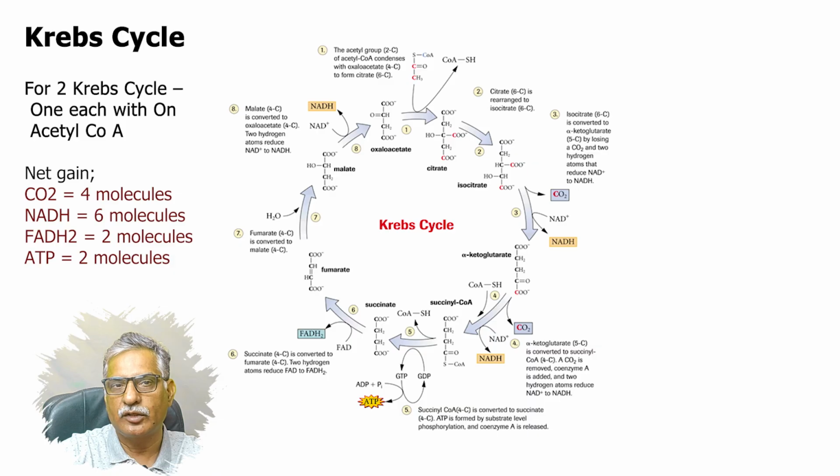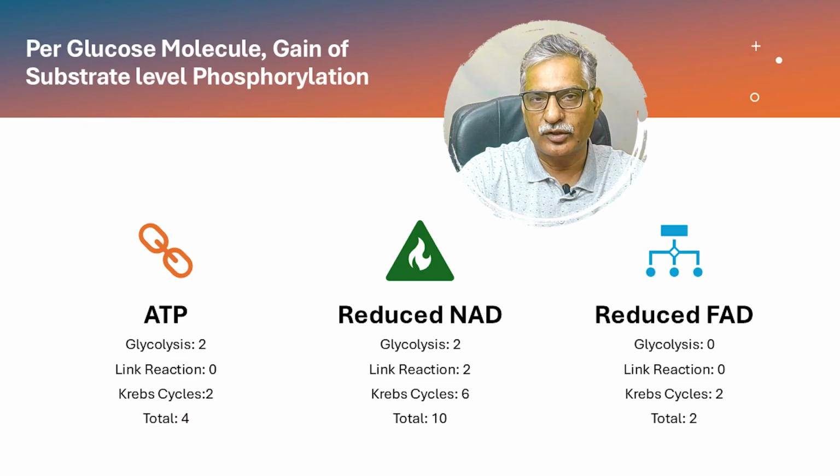Now proceeding with the summary of glucose molecule processing till the Krebs cycle. The aerobic pathway that started with glycolysis, continued with the link reaction and Krebs cycle, so far we have a total of 10 reduced NAD molecules produced, 2 from glycolysis, 2 from link reaction, and 6 from Krebs cycles.